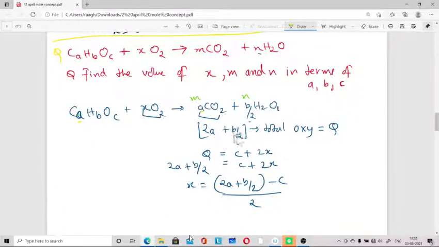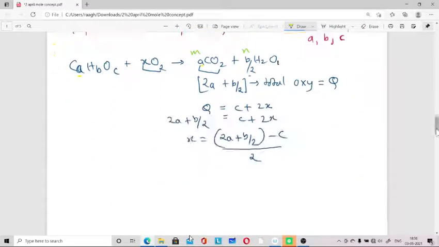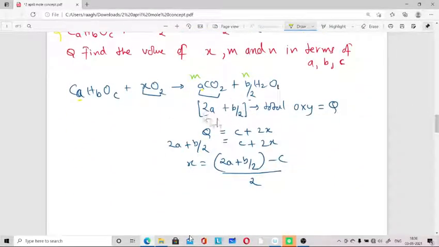So 2a plus b by 2 is your total oxygen, as in the earlier case where 6 into 2, 12, and 6 gave 18.